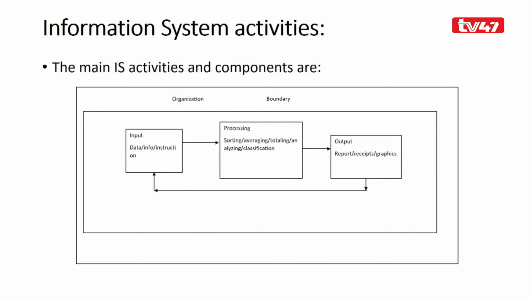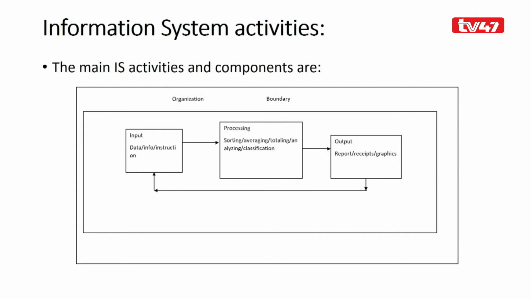Then the output can be in the form of a report. It can be a receipt if it's a sales management kind of system. It can be graphics if maybe we are doing weather forecasting, or any kind of representation of data, maybe using graphs, pictorial representations, or analyzing software, and so on.